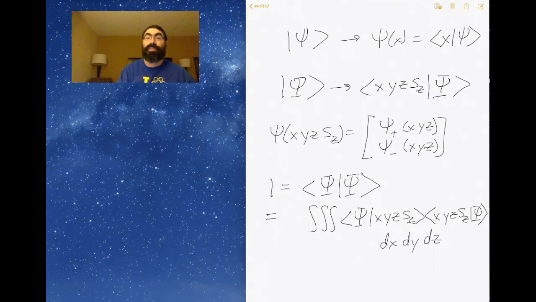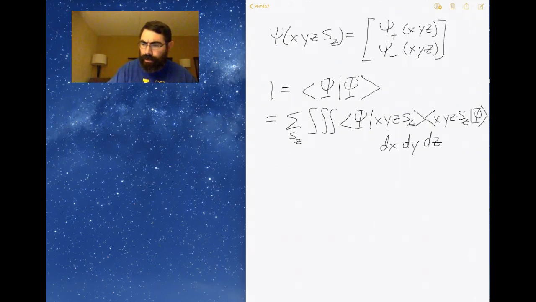But we also have to sum over the two possibilities of spin up and spin down. So we'd also have a discrete sum over those spin states, spin up and spin down, which is basically taking the vector product.